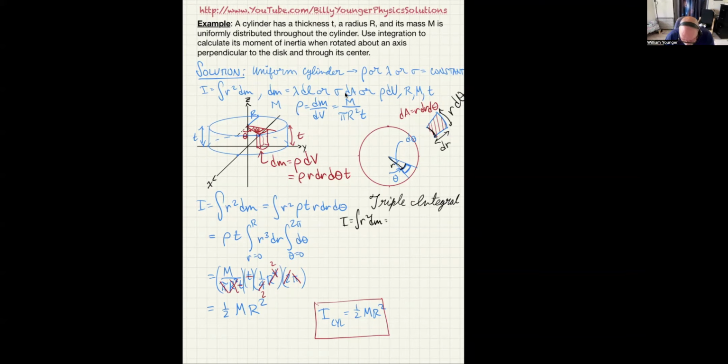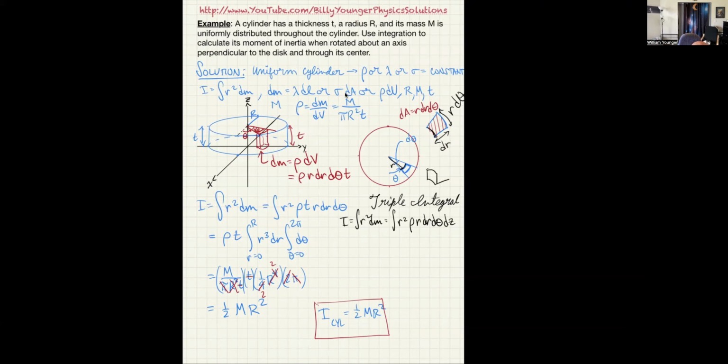But now what I would do is I would take the integral r squared, and then I'd write the rho, because I got to have the dm, and the dm is r dr dθ dz.